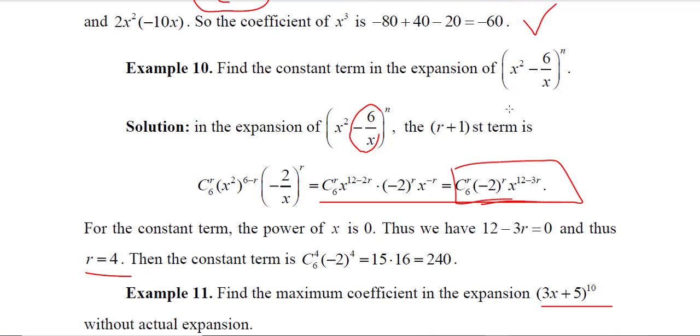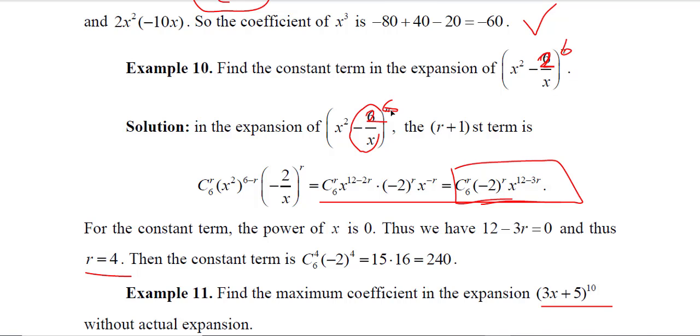In the previous example we had a mistake here. It is just 6 and it's just 2. I didn't pay attention to this power.